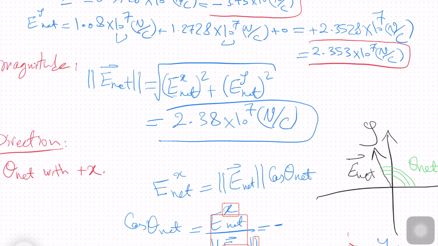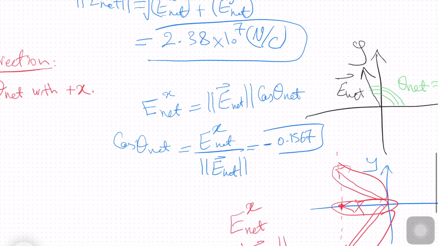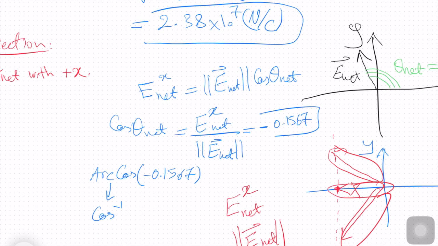The ratio is minus 0.1567. Okay, so then you go to your calculator and you find what is the arc cosine of this value. Sometimes this is shown as cosine minus 1. Okay, what is it?